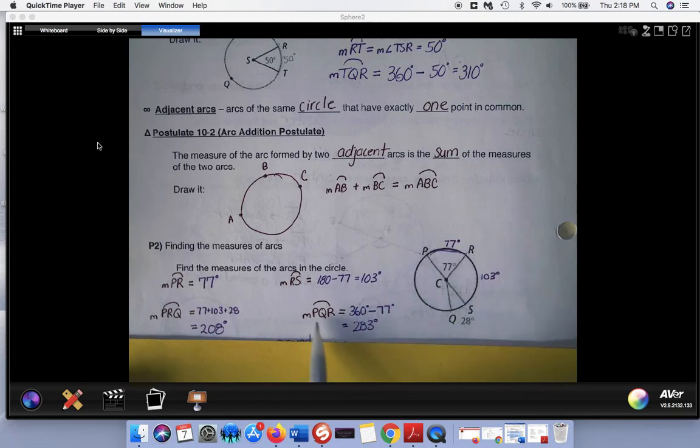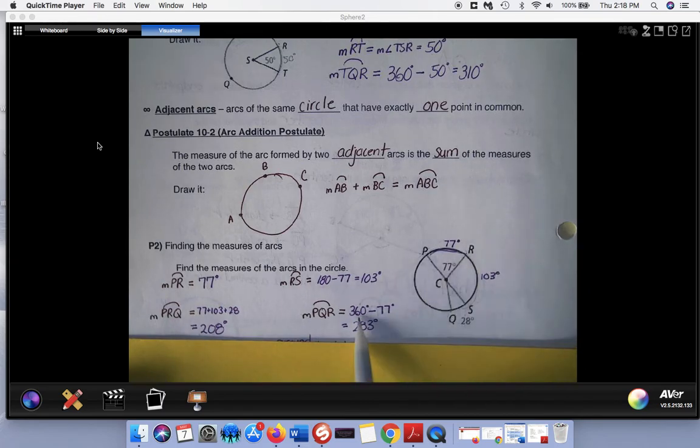How about the measure of arc PQR? Remember to trace in order. So PQR, it's a pretty big arc, going from P, passing by Q, and having another endpoint at R. And what we notice is that we've passed by much of the circle except for this 77-degree minor arc.